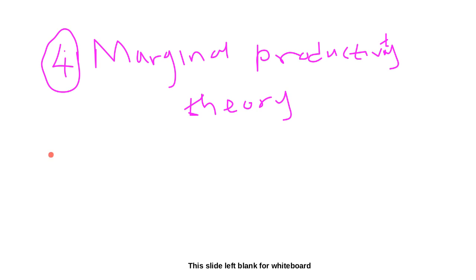So this theory says, it just states, I'm using the public chart, that the factor of production should earn its marginal product.